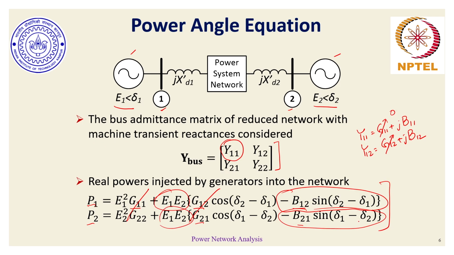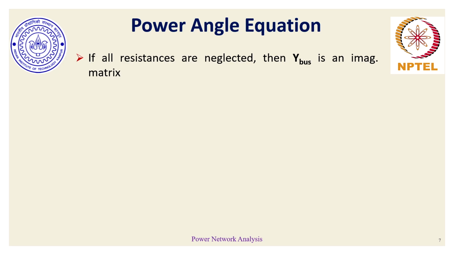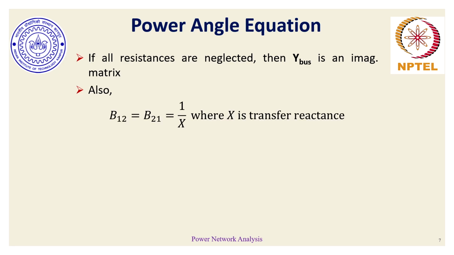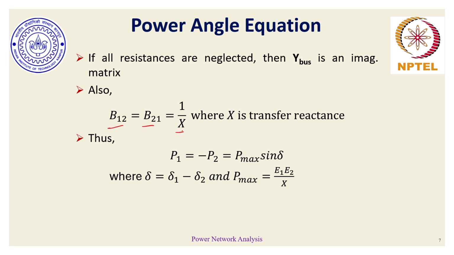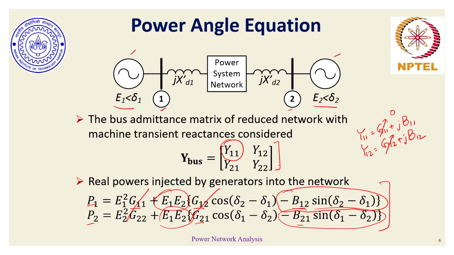So if we focus only on such a network where resistances are neglected because damping is ignored, Y bus becomes a pure imaginary matrix, and B12 and B21 can be represented in terms of X, which is the transfer reactance. P1 becomes nothing but negative of P2, where P1 is P max sine delta, and P max is E1 E2 by X, as shown over here.